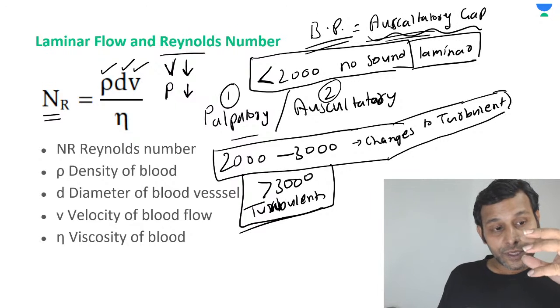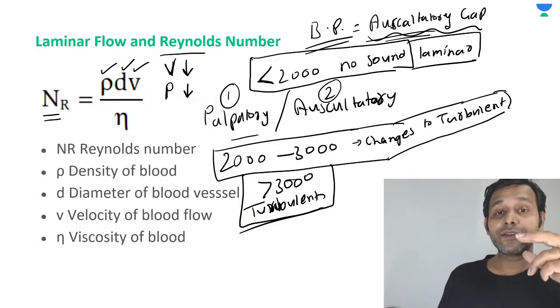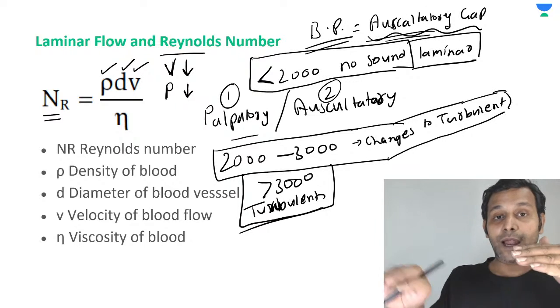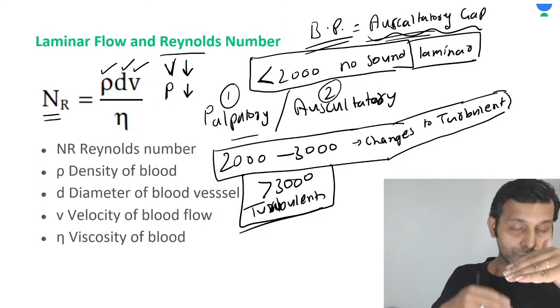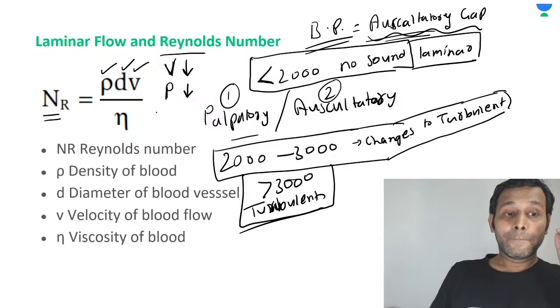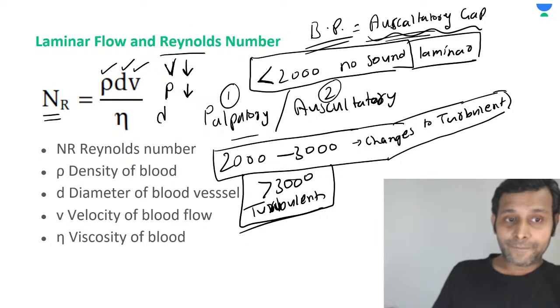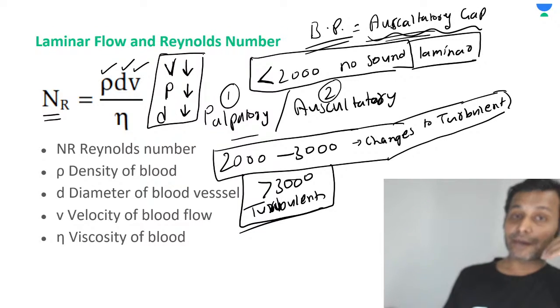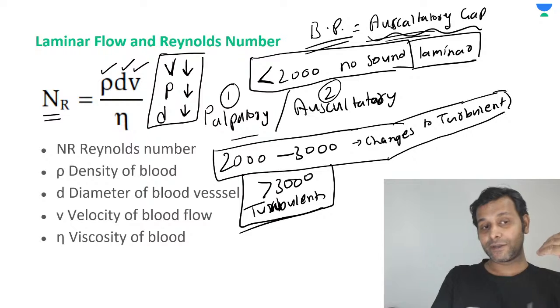So the RBCs keep on rolling out, and that decreases the density because there is more plasma and fewer RBCs. So relatively the density decreases. Diameter also decreases. All three parameters decrease with increasing cuff pressure.